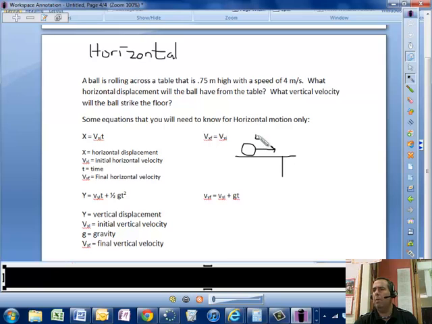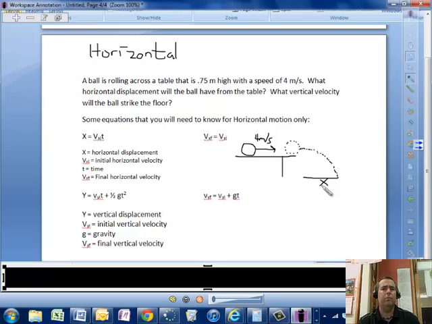When that ball gets right here, it's going to leave the table, gravity is going to take over, and the path of this ball is going to continue forward, but it's going to fall. So it's going to land a certain distance away from the table, and that's what the first question is asking. It says, what horizontal displacement will the ball have from the table?